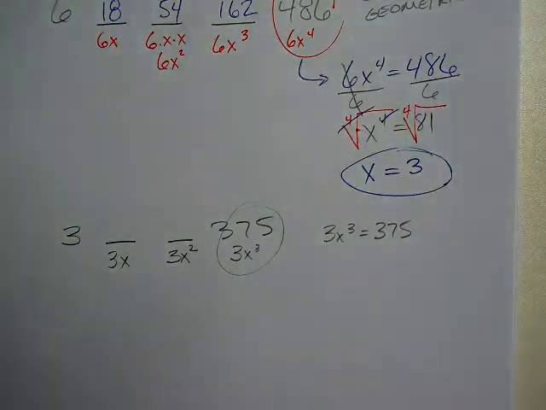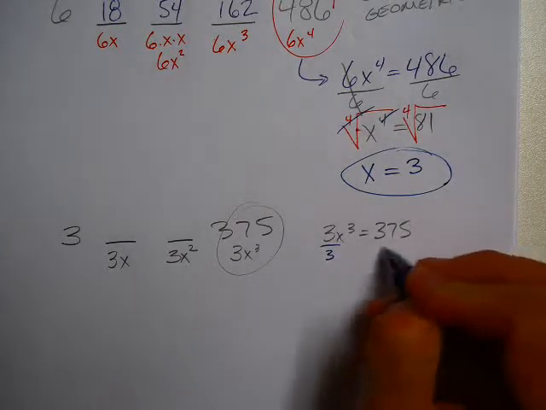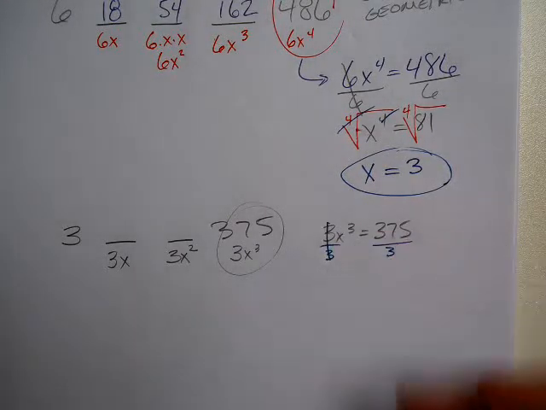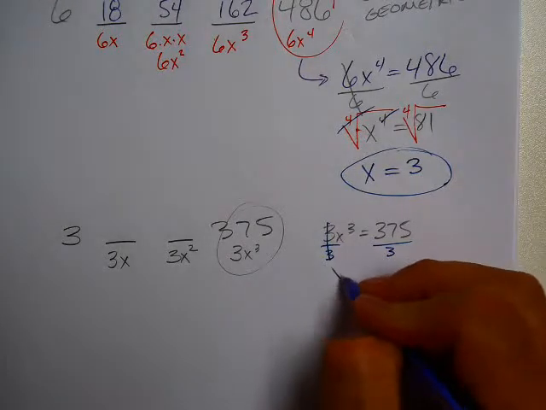Okay, so what's the first thing I want to do to solve this equation? Divide, right. Yes, thank you. I'm going to divide by 3. Now, if I'm not mistaken, that should be 125.